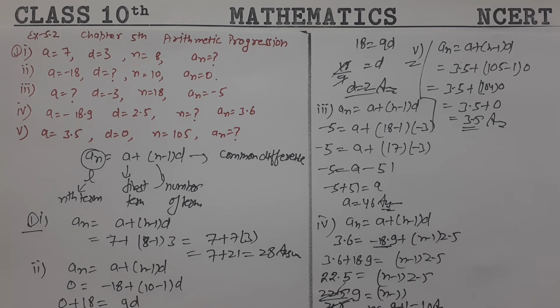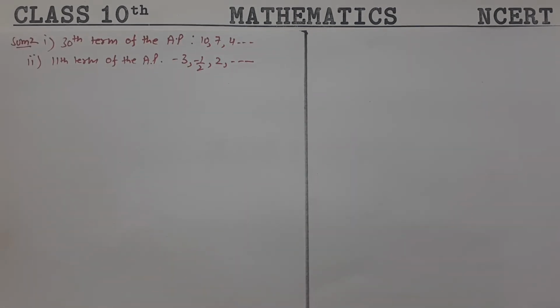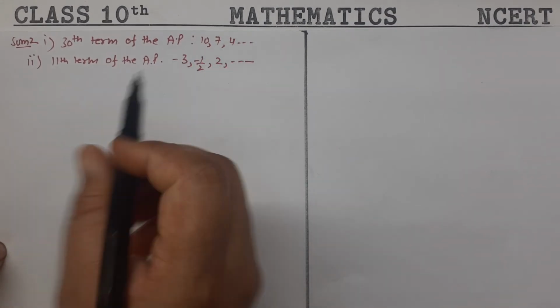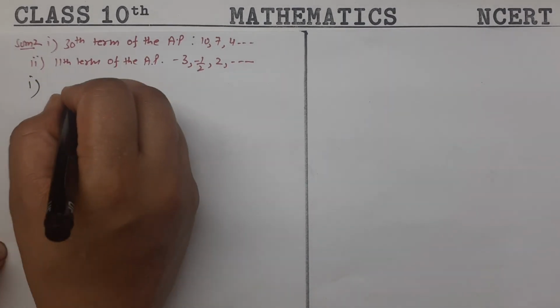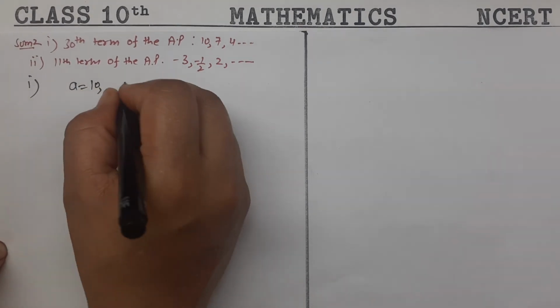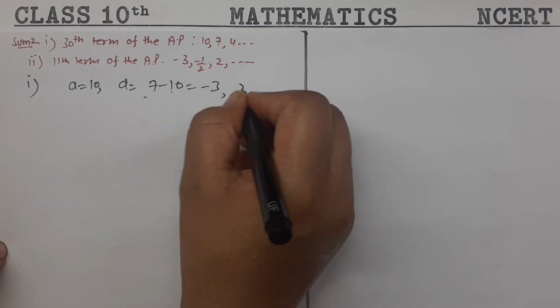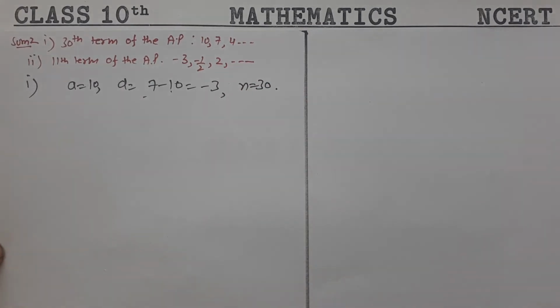Now the next, question number 2. 30th term of the AP 10, 7, 4. First part. A is 10, D is A2 minus A1, makes minus 3. N is 30.